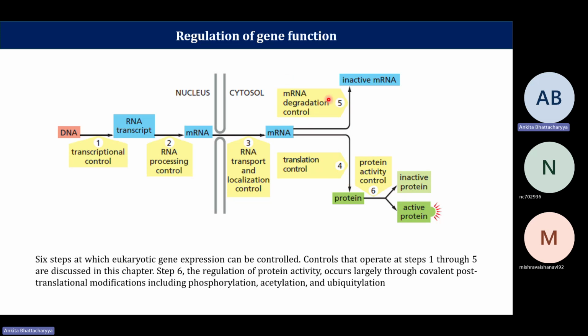Then you have mRNA degradation control, so any inactive mRNA can be generated from that. Then the encoded protein can also have control over the activity, where its active or inactive state can also be controlled. So these are many different checkpoints which can be controlled externally or by the cell itself, depending upon the condition and upon its sensitivity to different stimuli.